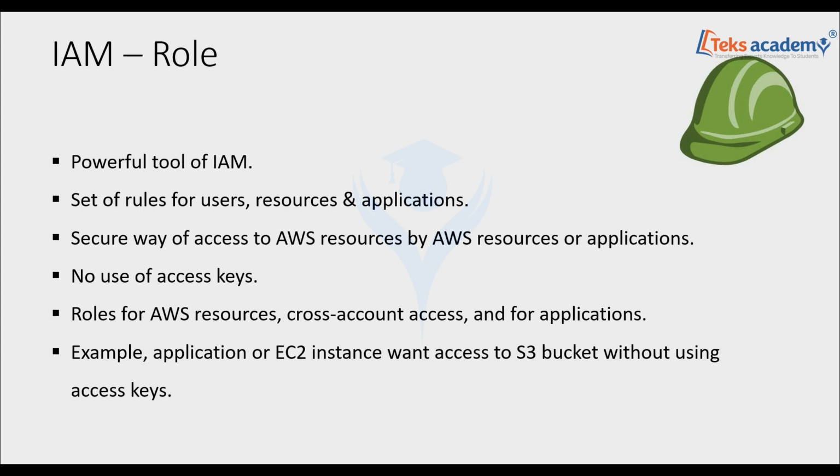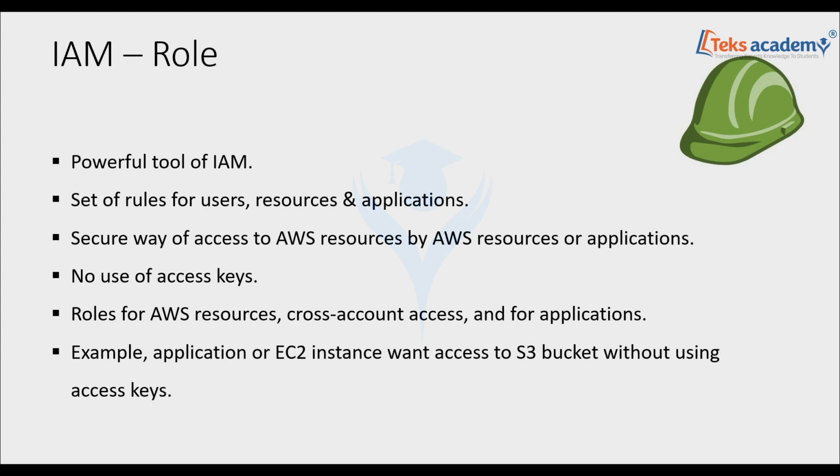Then we can use the role. We are going to create a role and attach a policy to that role. The policy should be to access the S3 bucket. We can assign that policy to the role, and that role should be attached to the EC2 instance. Then automatically using the AWS CLI we can access, because the role gives permission to the AWS resources to access other resources.